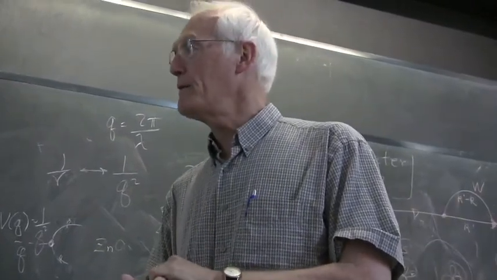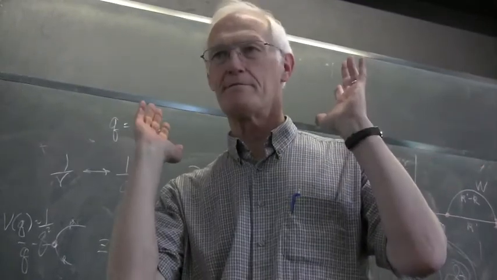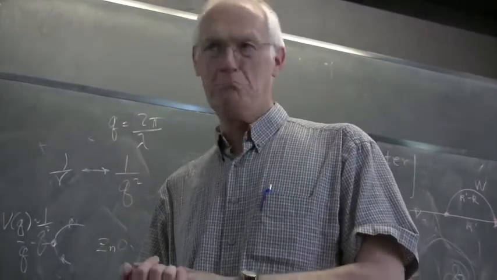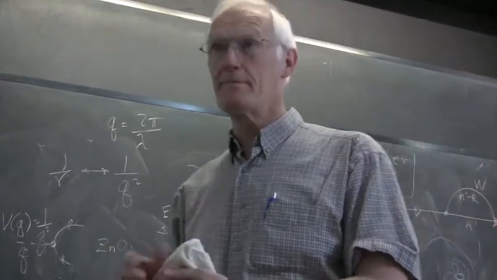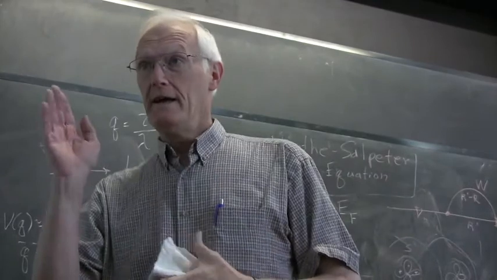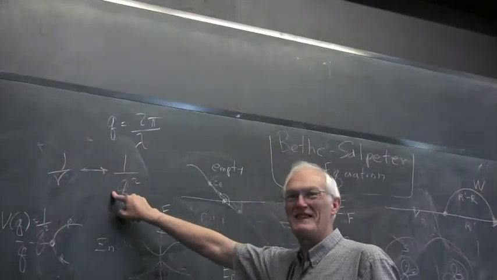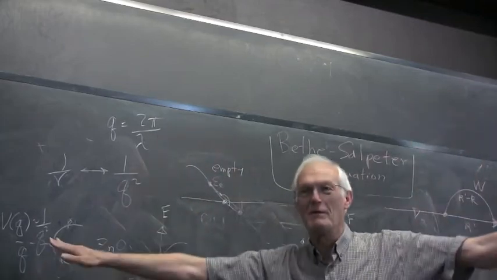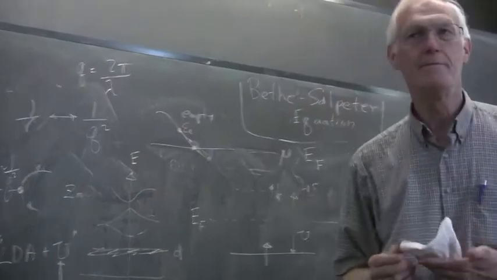When people some time ago did it just on top of LDA, it just got bad answers. Now it's actually come around very well. So the GW handles the long wavelength problems well, and it seems to do pretty well on these localized states.